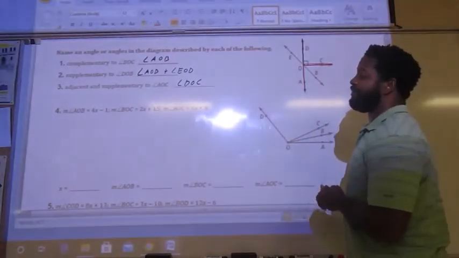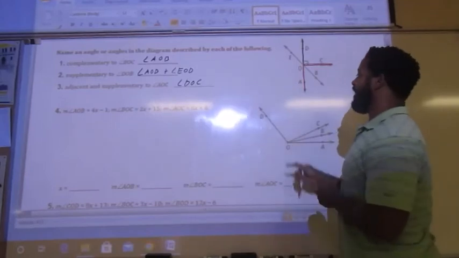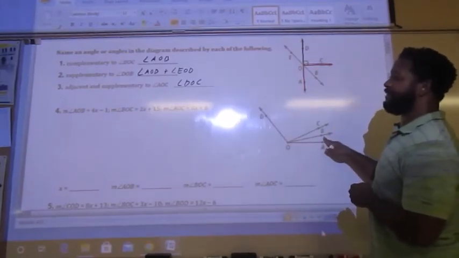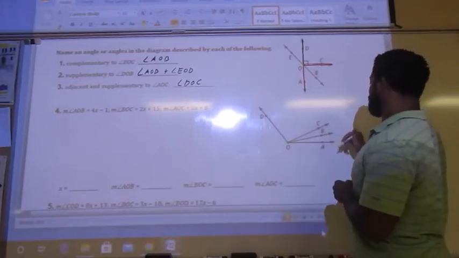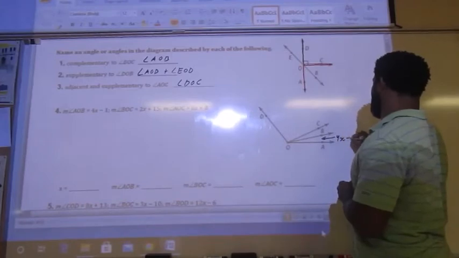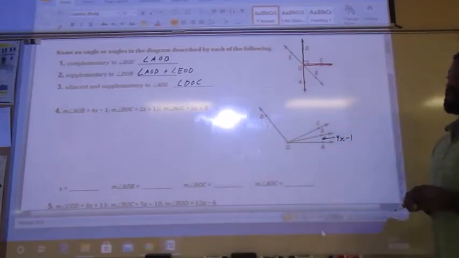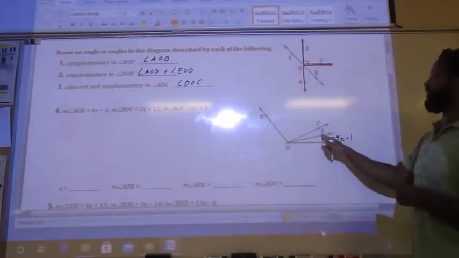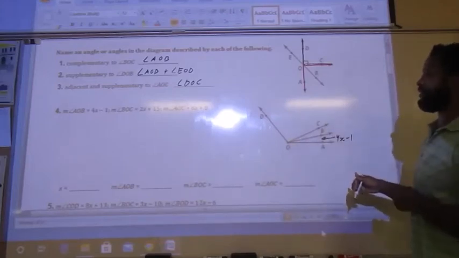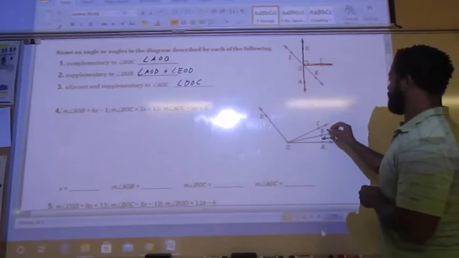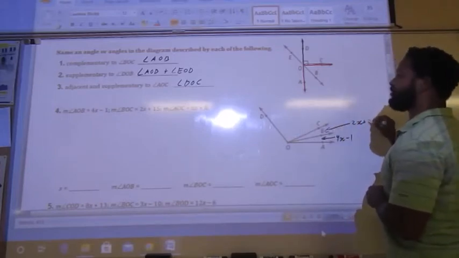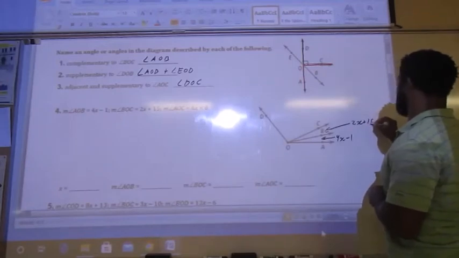Look at number 4. Measure of angle AOB, this angle right here, is 4x minus 1. Measure of BOC, this angle right here, is 2x plus 15.